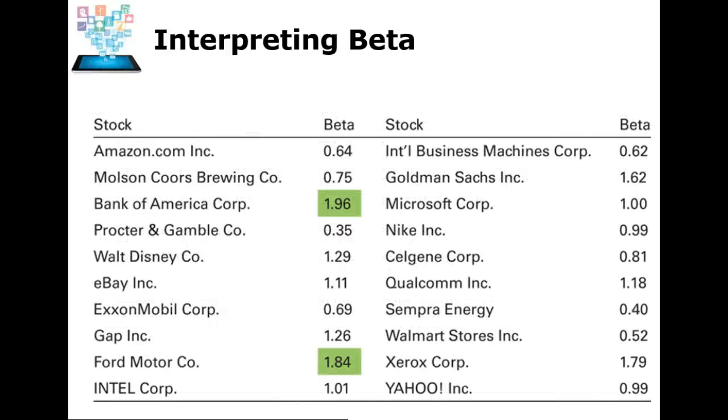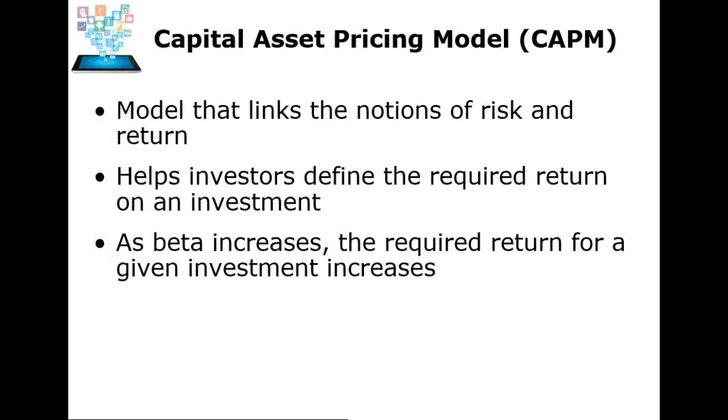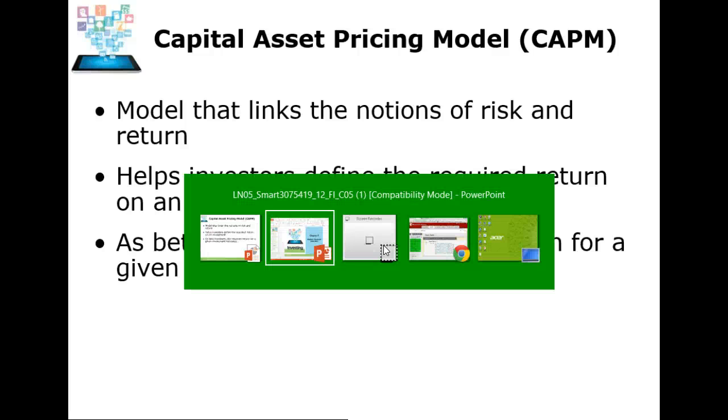Here are just some random betas that are out of date. They're probably not at this level anymore, and you can see this was closer to the Great Recession than today. So stocks like Bank of America and Ford, which had a lot of volatility at that point, have higher betas. Right. So let's just jump over to Yahoo Finance.